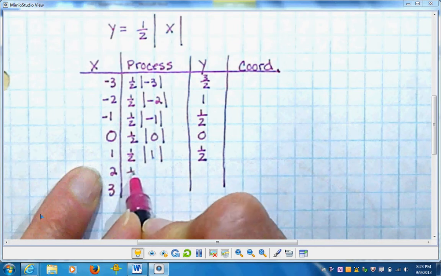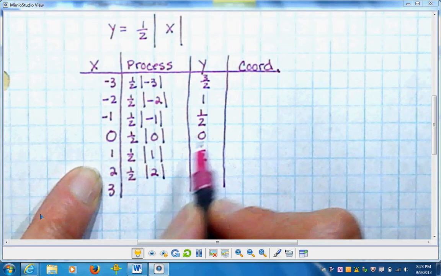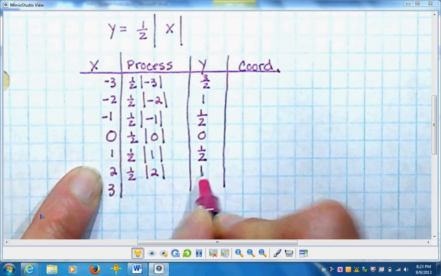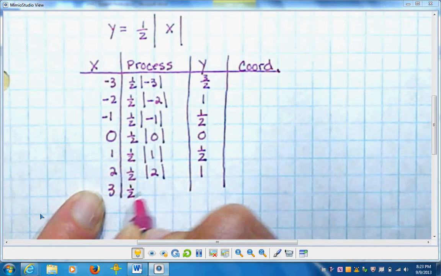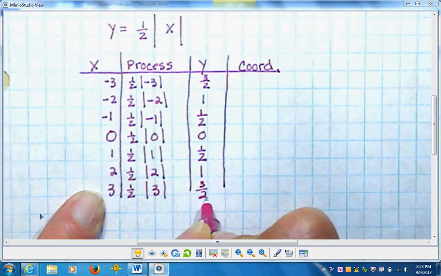Then I have 1/2 absolute value of 2. Well, that equals 1 because the absolute value of 2 is 2. 2 times 1/2 is 1. And then I have 1/2 the absolute value of 3, which is the same as 3/2.